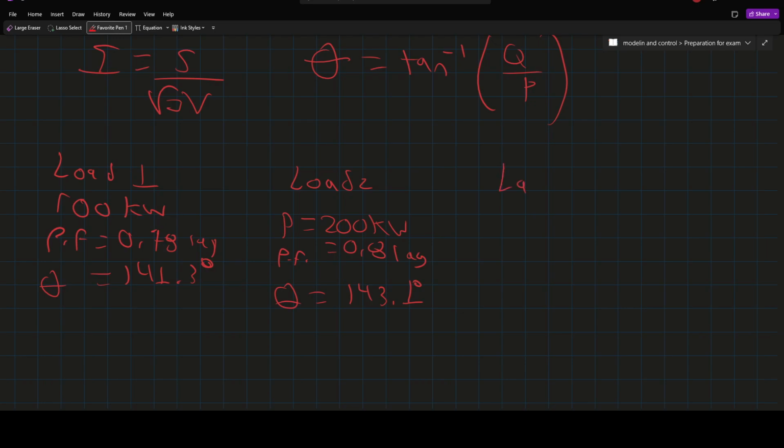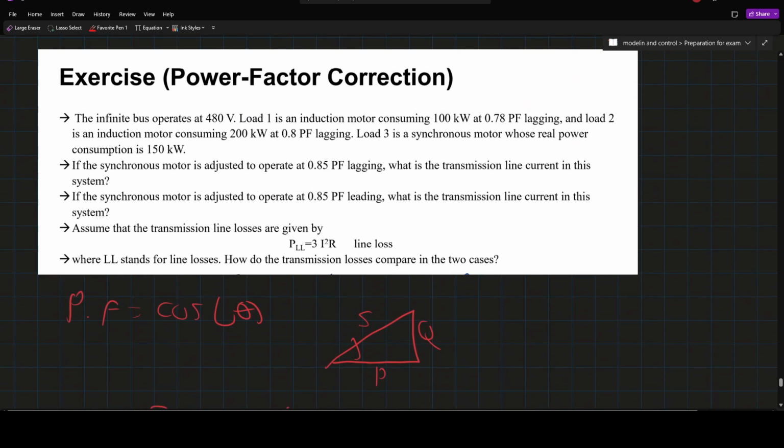And finally, we have our load 3 that has 120 kilowatts.